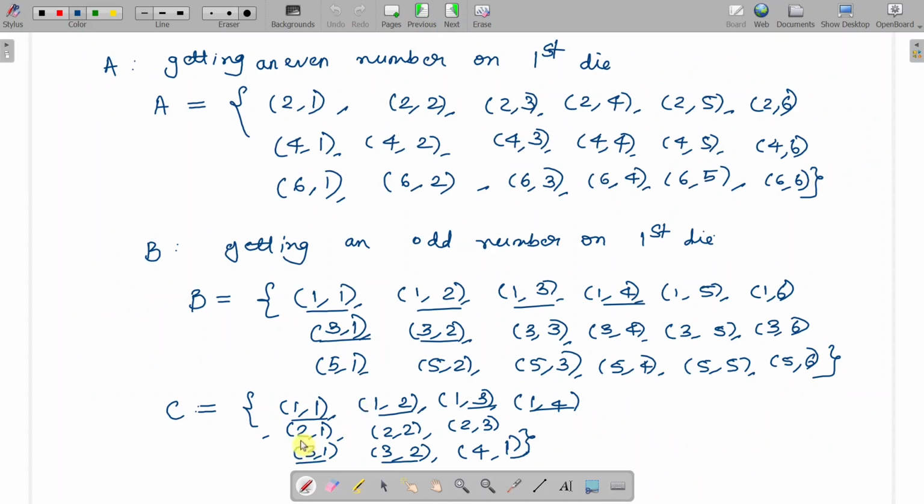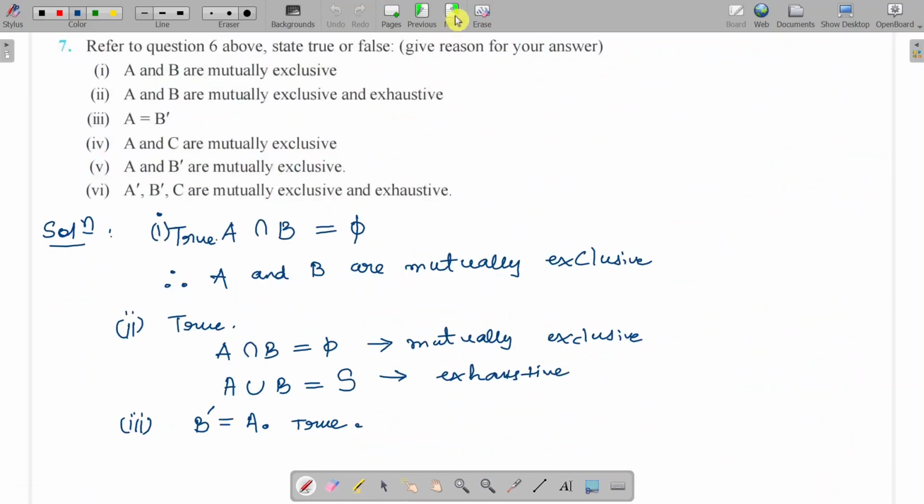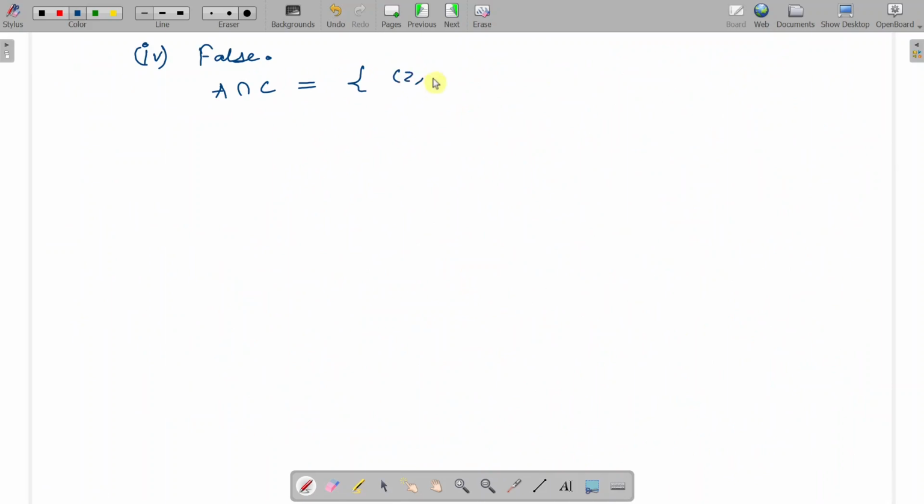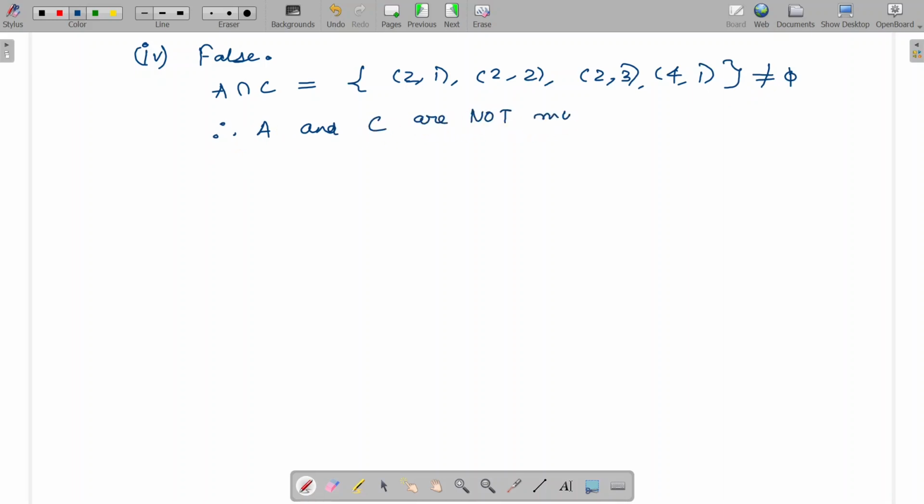So the intersection contains 2,1; 2,2; 2,3 and 4,1. So that means this is not equal to empty set. So therefore A and C are not mutually exclusive. Okay, so that answers the fourth one.